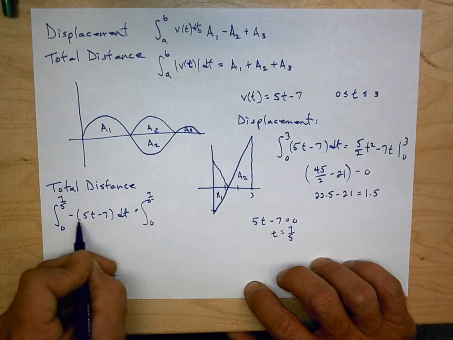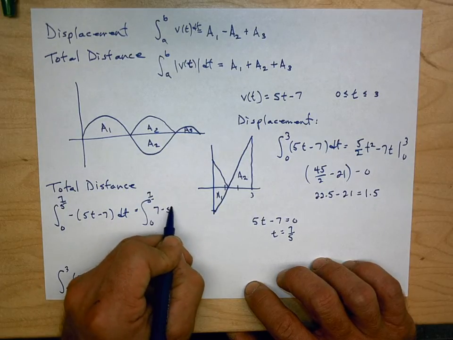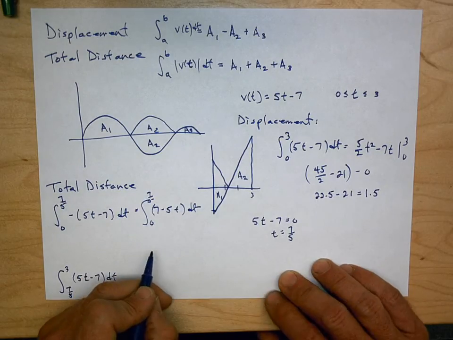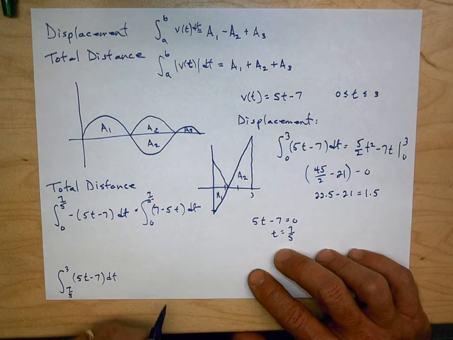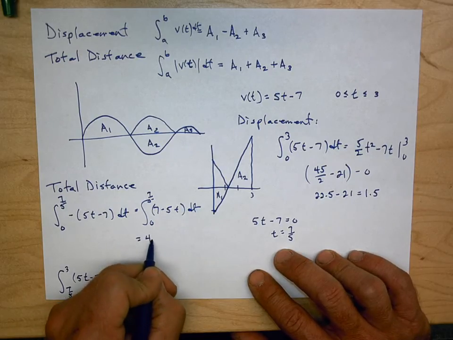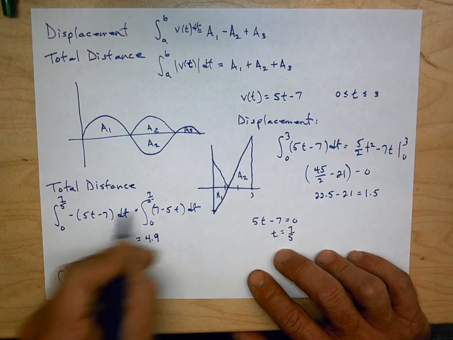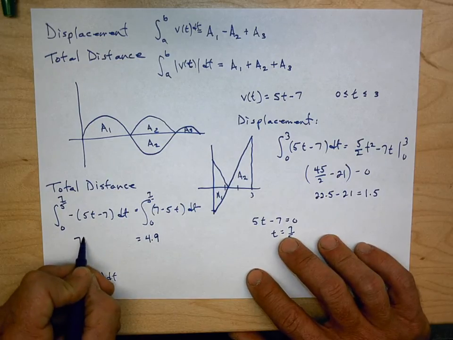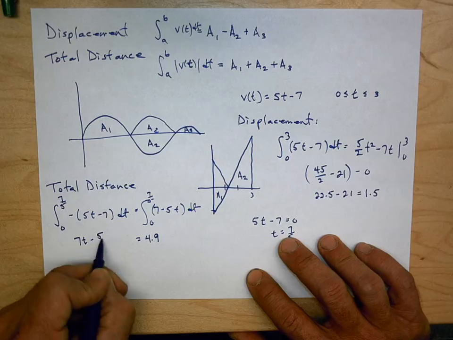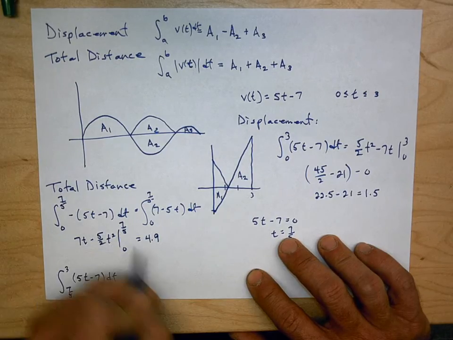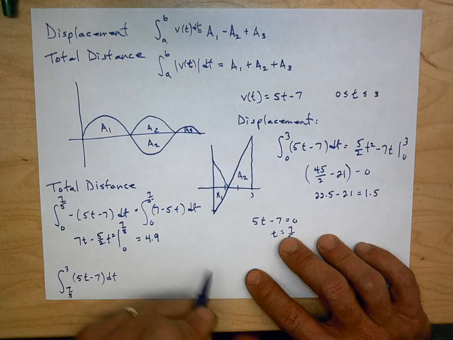The negative is just going to switch this around, 7 minus 5t dt. Without going through all the gory details of this computation, I'm just going to tell you that will give you 4.9. I guess I can just do one more step here. This is going to be 7t minus 5/2 t squared from 0 to 7/5. And if you do that computation, you get 4.9.